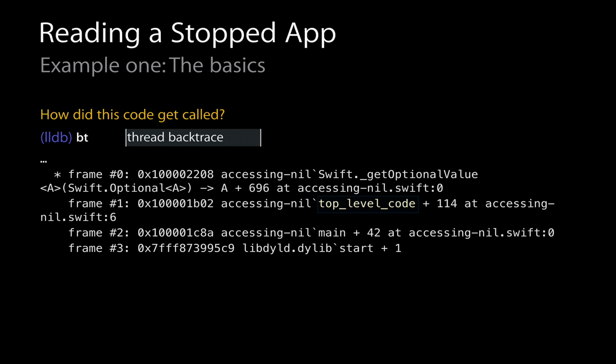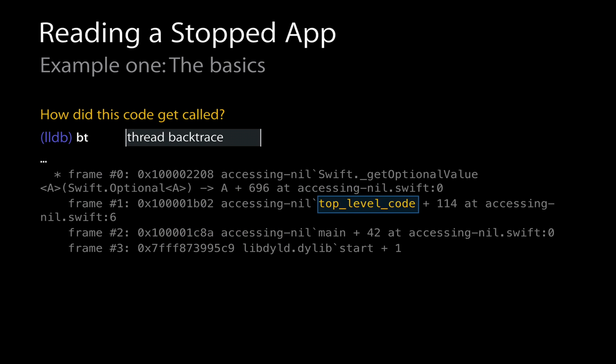In this case, we see that just below the function that was actually stopped, you see your own code. Now, this top-level code function may be familiar to you if you've played around with Swift's command line tools. That's the code that's outside any function in your main source file of a command line tool. So you recognize this top-level code and you say, aha, this is my code.